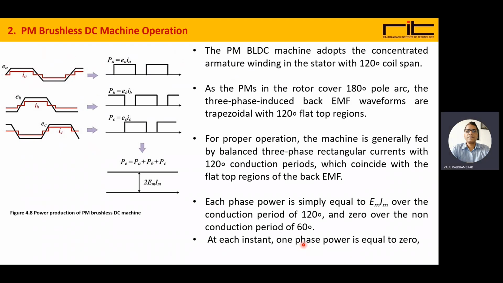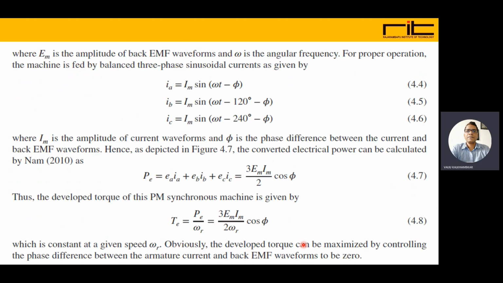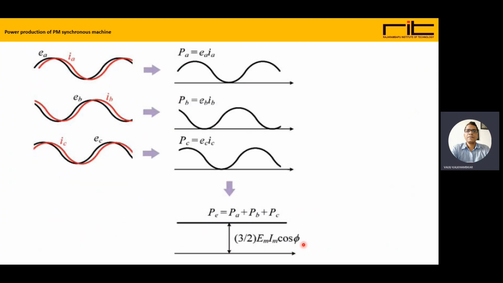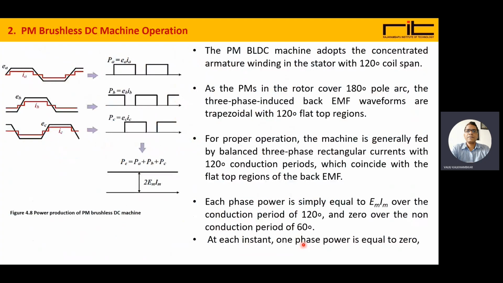Now we can get to the permanent magnet brushless DC machine operation. The earlier one was the permanent magnet synchronous machine operation with the sinusoidal input, sinusoidal distribution of the air gap flux, and sinusoidal distribution of armature winding. Now we are discussing permanent magnet brushless DC machine operation.